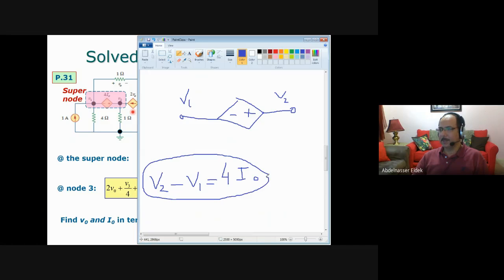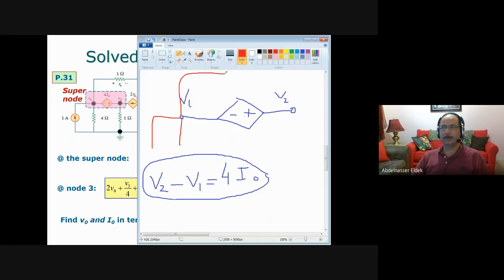Very simple equation. Second, when you merge these two together, now you look at this big node here and how many branches are connected to it. From the V1 side, you have a current source branch, the one that has 4 ohm, and the one that has this 1 ohm.